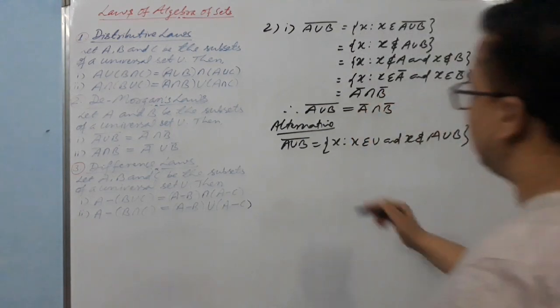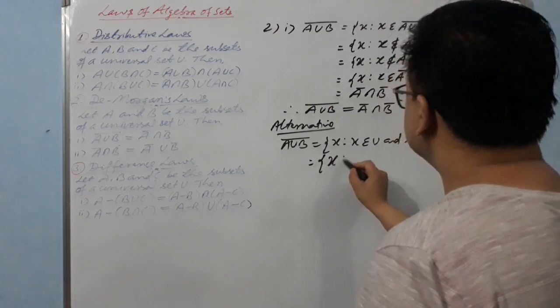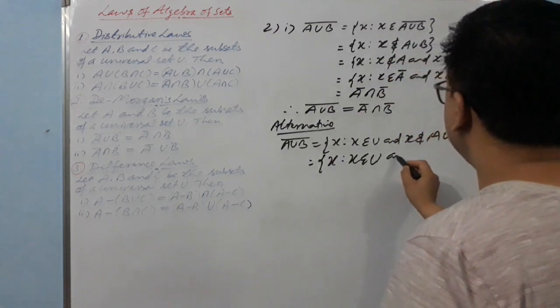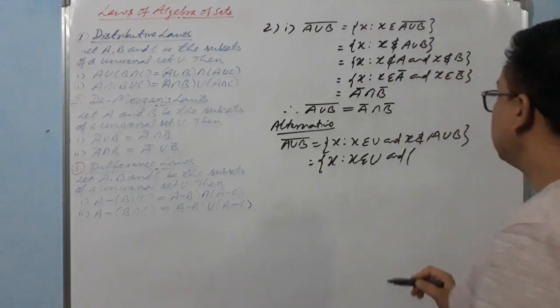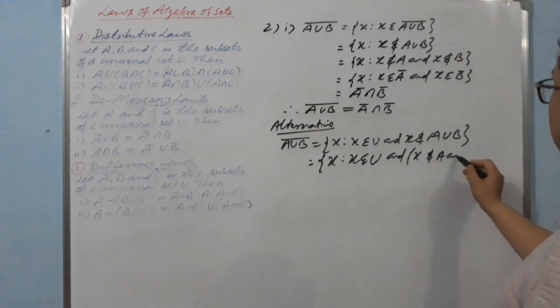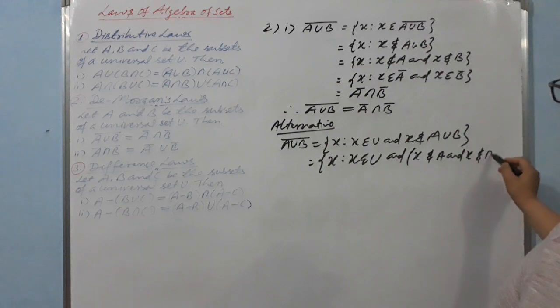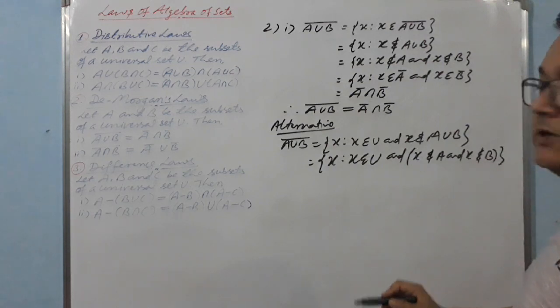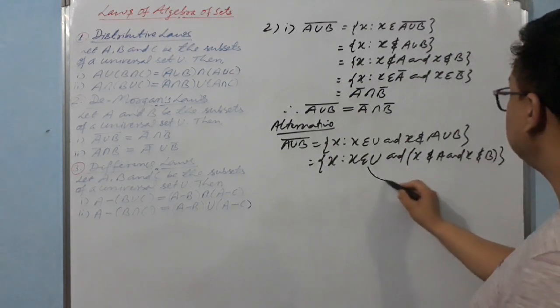Okay, so now X belongs to U and, in small brackets, X does not belong to A and X does not belong to B. Now you need to use the distributive property.